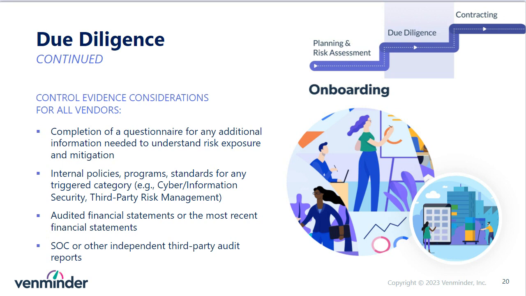We like SOC 2s, which provide a lot of information. Certainly there's some variation depending on what's been triggered there. But overall, this list you can consider for all vendors, in addition to that initial vetting information. So this is now starting to get into control evidence for your review.